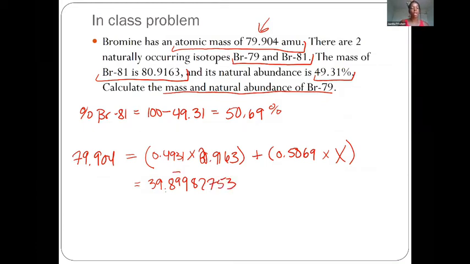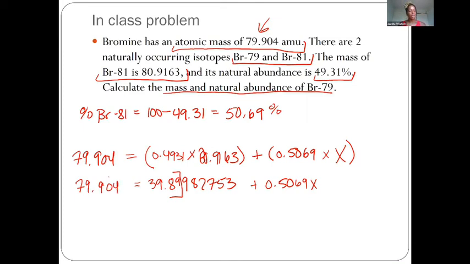Mark off where we would have stopped, plus 0.5069X, and set that equal to 79.904. And then we're going to isolate.